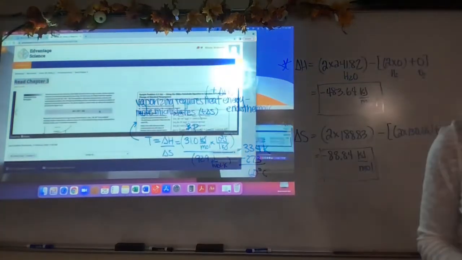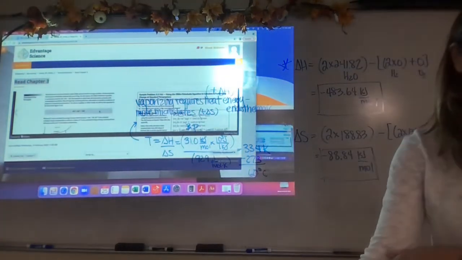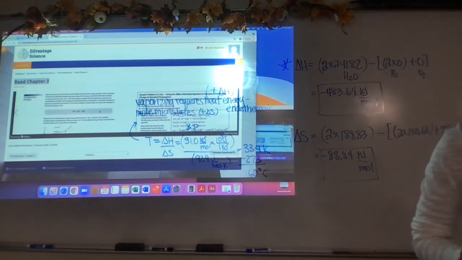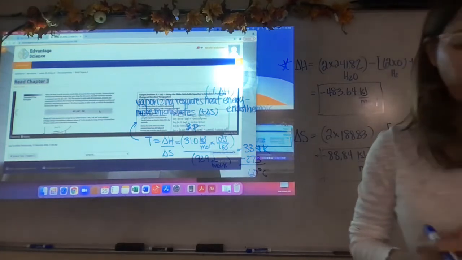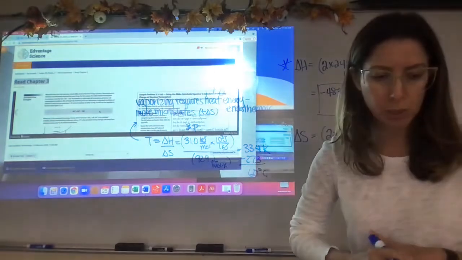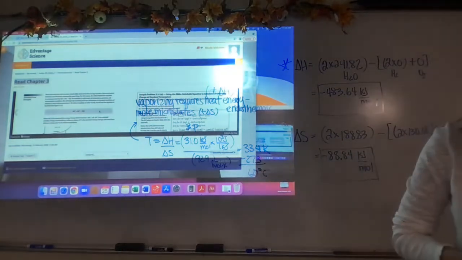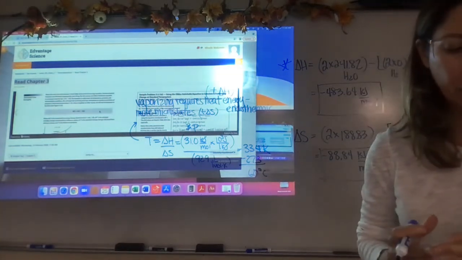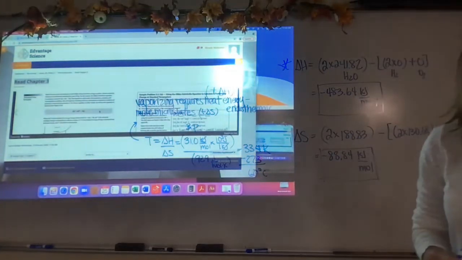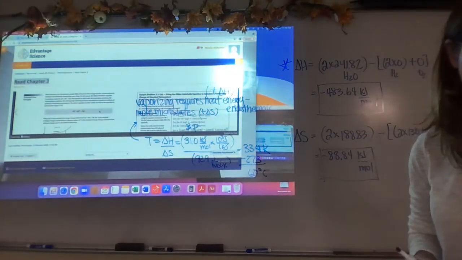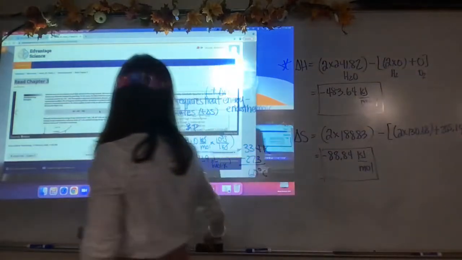So Gibbs derived the free energy equations, and Helmholtz deduced the same thing. So we have this equation called the Gibbs-Helmholtz equation, which is referring to delta G equals delta H minus T times delta S. And we're going to start looking at calculations for standard conditions.